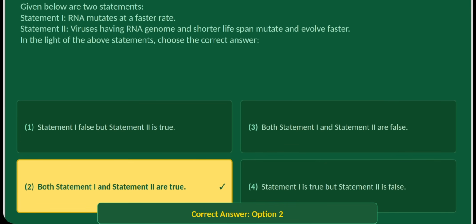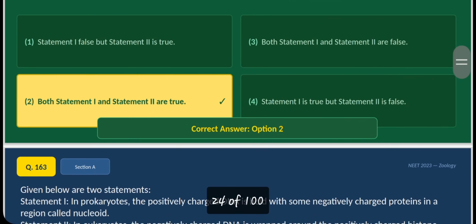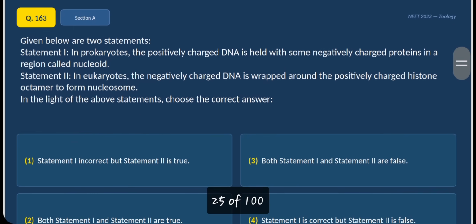So RNA mutates at a faster rate. Viruses having RNA genome and shorter lifespan mutate and evolve faster. That is very true. That is why mutations are more in viruses having RNA genome, including the coronavirus. So the second option, both statements 1 and 2 are true, is the correct one.